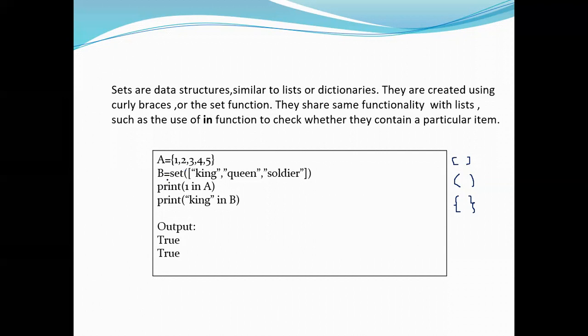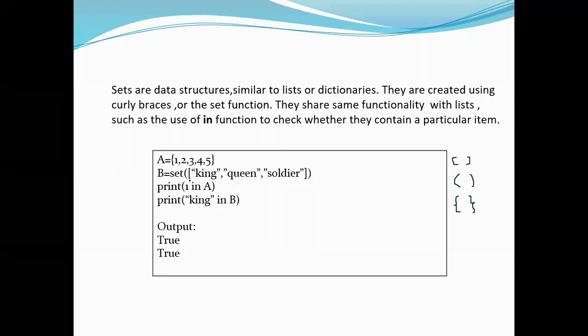And I have here B is equal to set of. Why am I saying set of? We all know that if I want to convert a data structure to another data structure, I will call the data structure to which I need to convert. For example, if I want to convert a list to a tuple, I just say tuple of. If I want to convert a tuple to a list, then I say list of. Similarly, I have here a list.